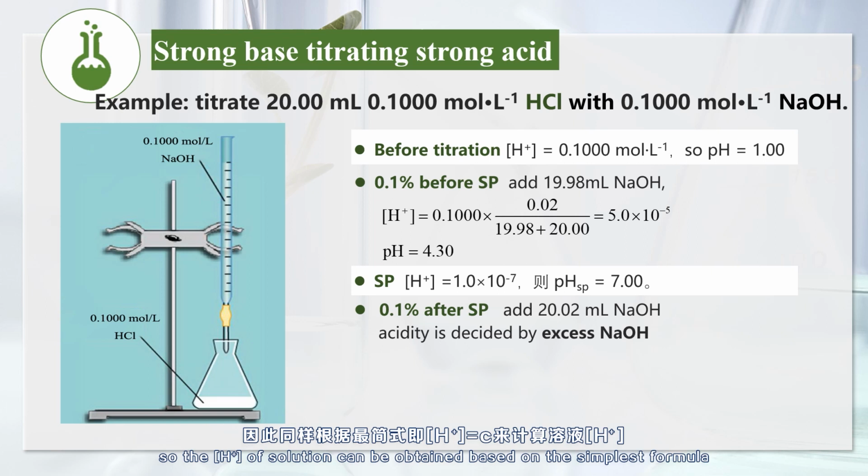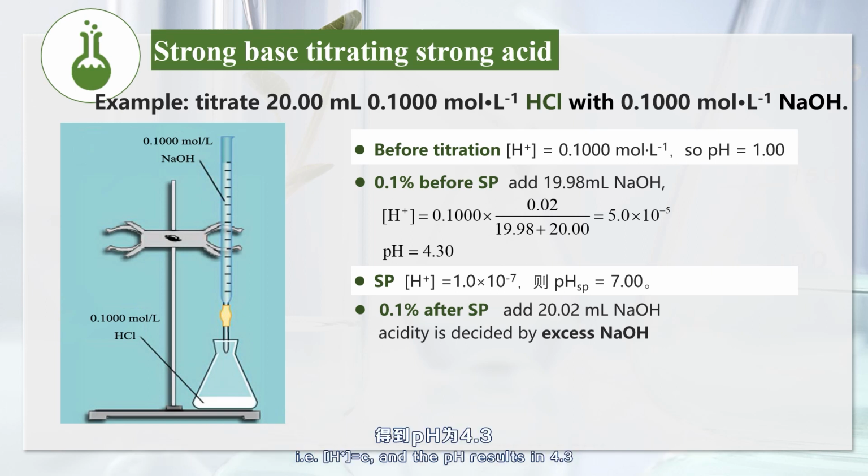So the hydrogen in solution can be obtained from the simplest formula, hydrogen equals C, and the pH results in 4.3.